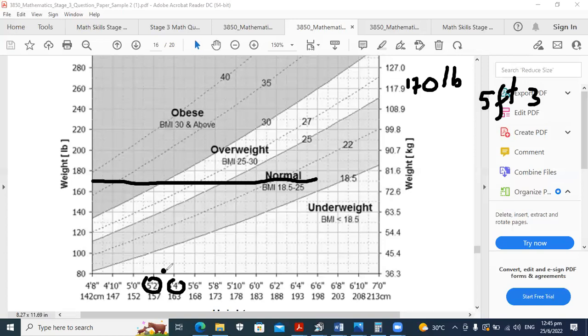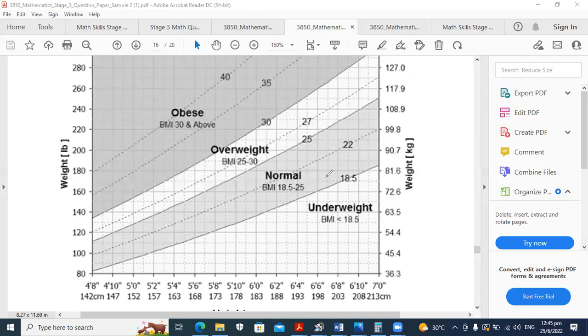Is that a short person? No. That's a medium height. Yes, sir. I think anything under 4 feet is considered short. So 5 feet 3. So you bring it up. All right. Oh, that looks like the person is overweight. Yes, sir.